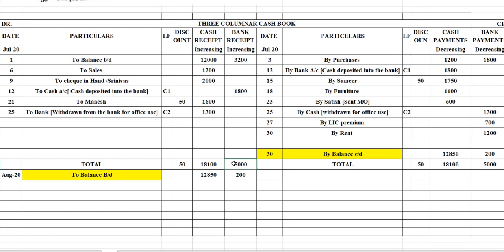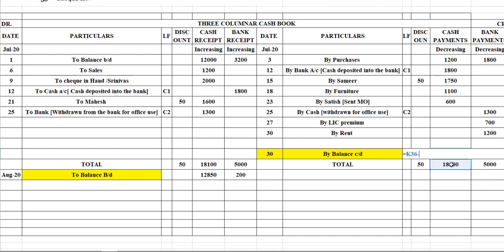This again, the sum of this is 5,000. So here 18,800, 5,000. Okay, so here the amount has changed. 6,450 it should be.